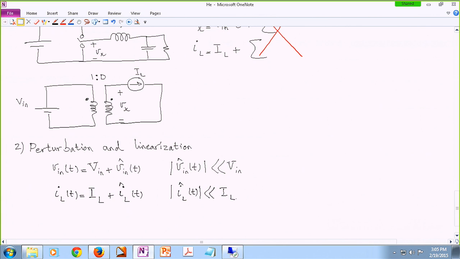Again, I define duty cycle as a signal too. Duty cycle is just a number, it's not a signal, but in a lot of textbooks you see duty cycle as a signal. This is actually that S or H, the command applied to the switch, by which duty cycle is determined. So again, I have a DC component for the duty cycle plus small signal perturbations.